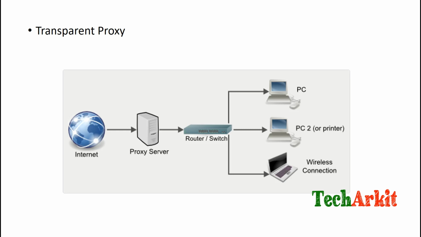So in between you and the internet there is a middle system, the transparent proxy. You don't need to do any settings on your browser; the traffic is automatically passed to this proxy server. That is called a transparent proxy.